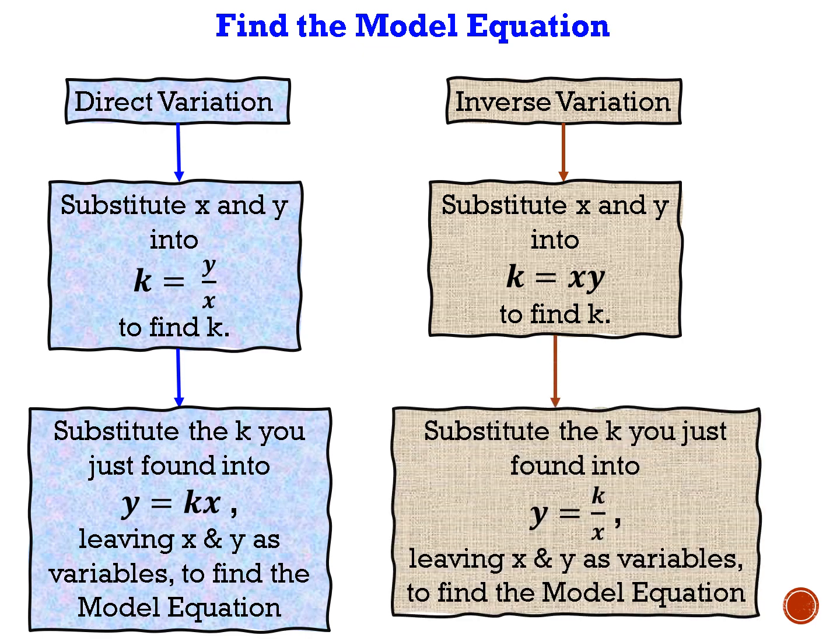Then once you get that k, you're going to substitute it into the equation y equals k over x, and we're going to leave x and y as variables. So regardless of whether it's direct or inverse, the first step when you're writing the model equation is to find the k. Then once you find the k, you can sub it into the respective equation, leaving x and y as variables.